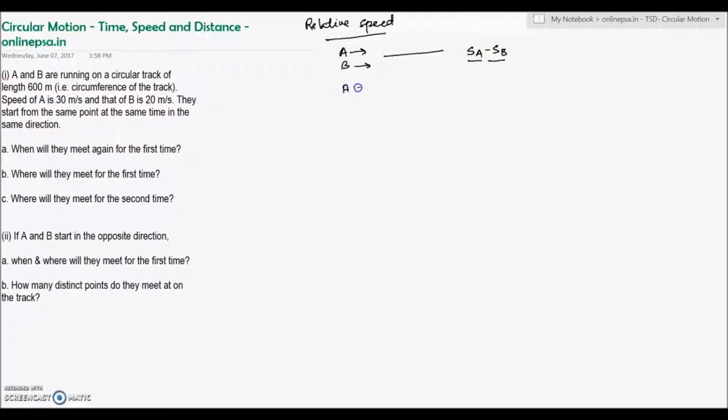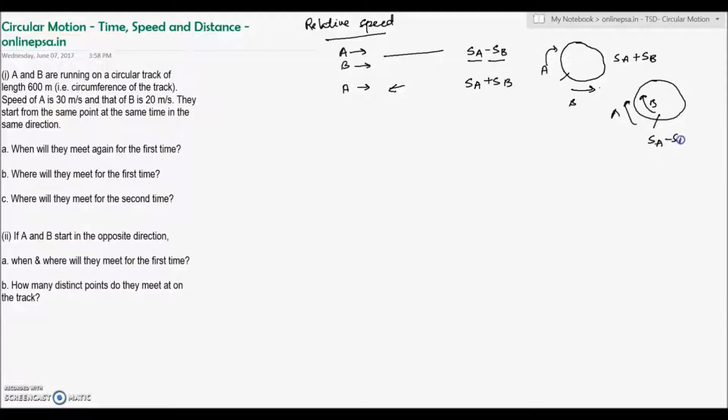And if they happen to start in the opposite directions, their relative speeds will be adding up, right? Similarly, for circular motion also, if there is a circular track and A and B start in the opposite direction from a common point, their relative speed will be SA plus SB. And if they are going in the same direction, their speeds will be relative to each other, so they will kind of minus out each other.